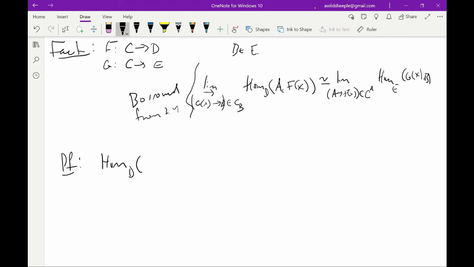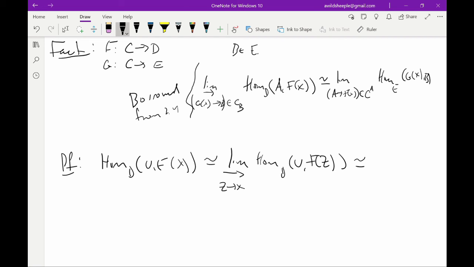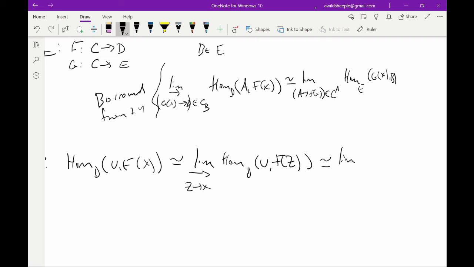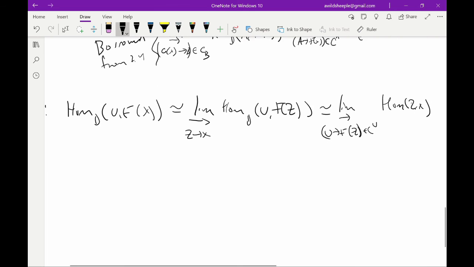So we have Hom in D of U, f(X), and this is isomorphic to the limit of those Z's going to X, Hom_D of U, f(Z), and now we get that this is isomorphic to the limit of U mapping to f(Z) in C upper U, Hom(Z, X). Okay, using this quoted fact, we can now do a short calculation.